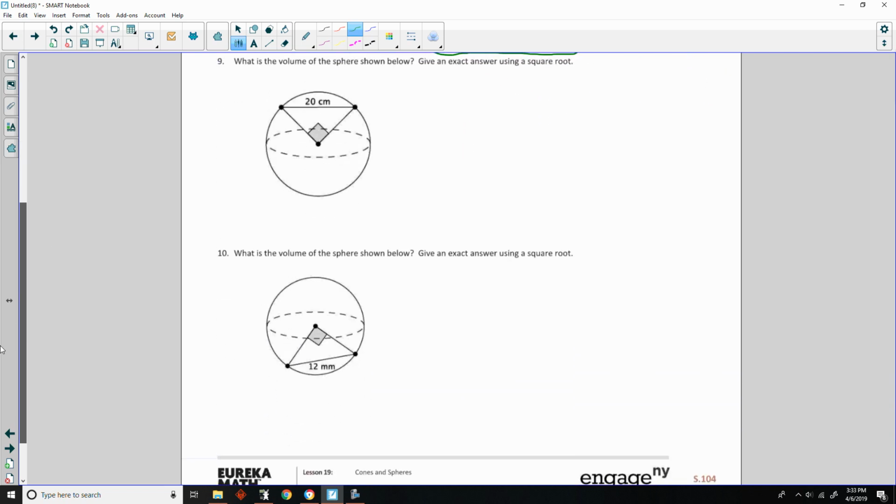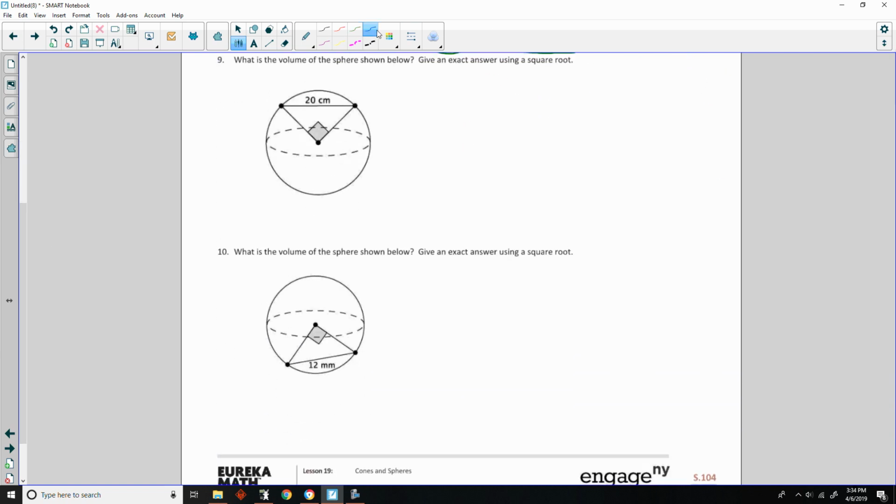Number 9. What is the volume of the sphere shown below? The volume of a sphere is 4/3 pi times the radius cubed. So what do I need here?